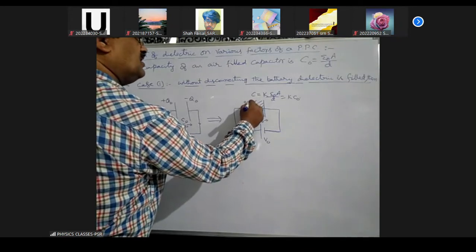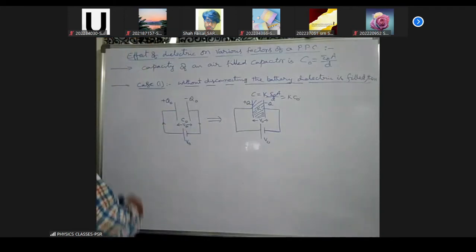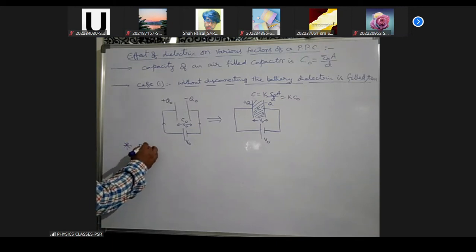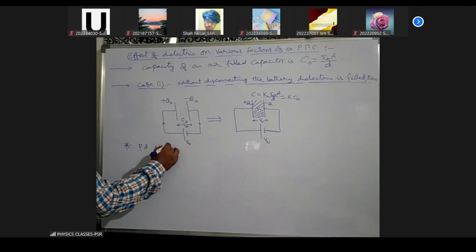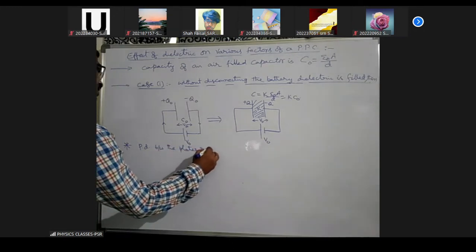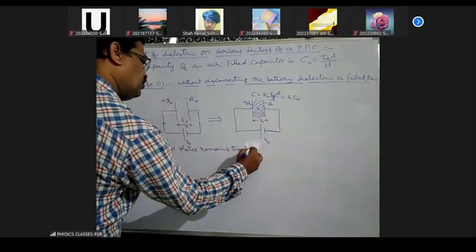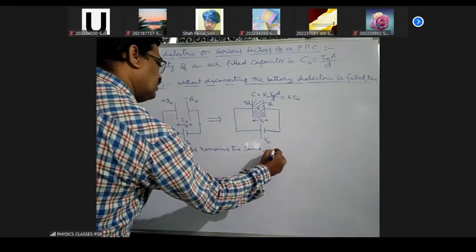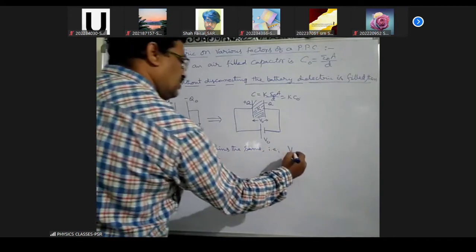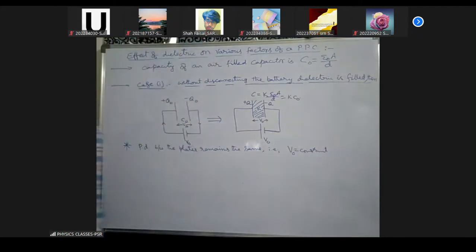Now the charge on this plate is plus Q, and on this one minus Q. So in this case, first point: the potential difference between the plates remains the same. That is an important point. V0 is constant.